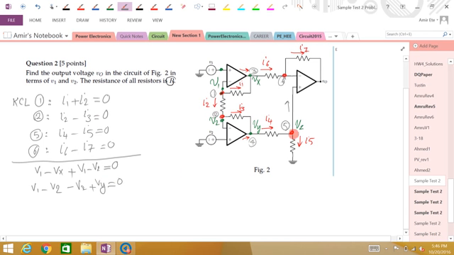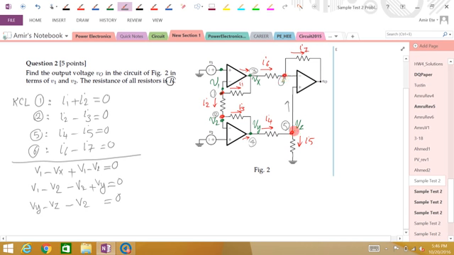At node 5, I4 minus I5, Vy minus Vz, minus I5. I5 itself is V2 over R, so it would be minus V2. And finally the KCL at 6 here, I6 is Vx minus what is the voltage at this node?